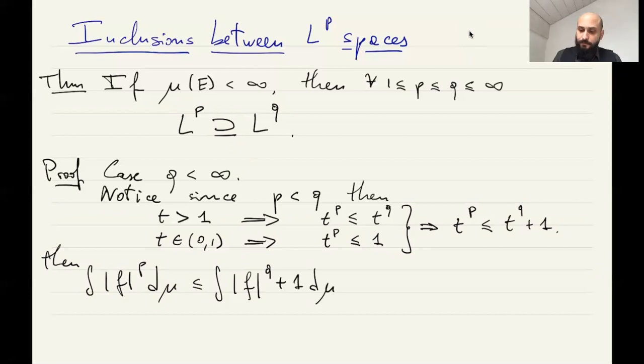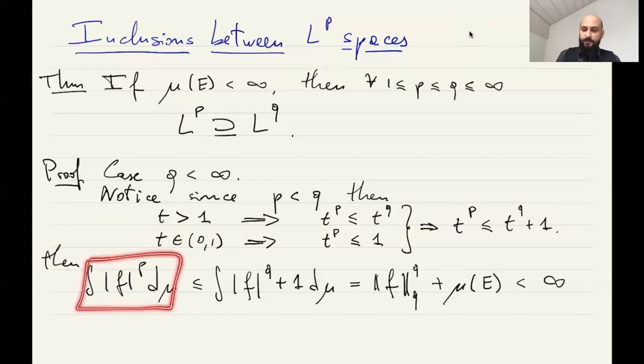Now we can integrate one term at a time. The first is going to be the q power of the q norm of f, plus the integral of 1 over the whole space, so it's the measure of E. And we assume that these two are bounded, so the p power of f is also bounded. So the inclusion is proved in the case q less than infinity.